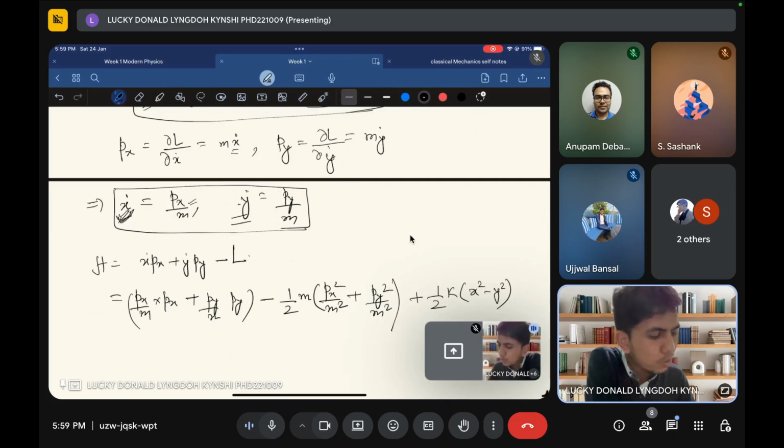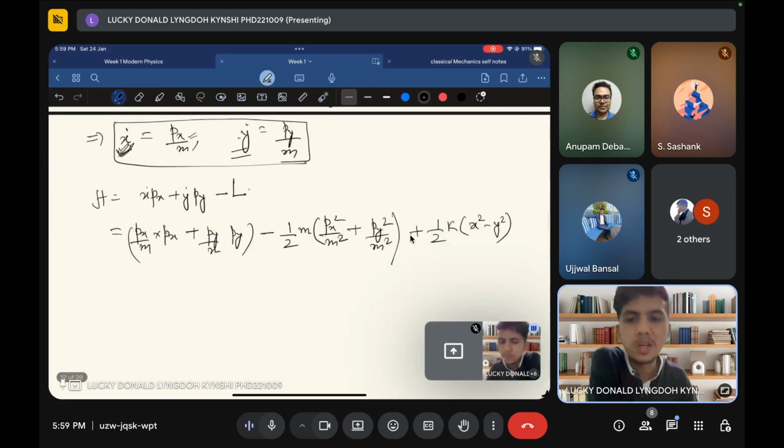If you look at this equation now, your Hamiltonian is purely in terms of x and px or y and py, right? You see here x, and y in terms of py and px.